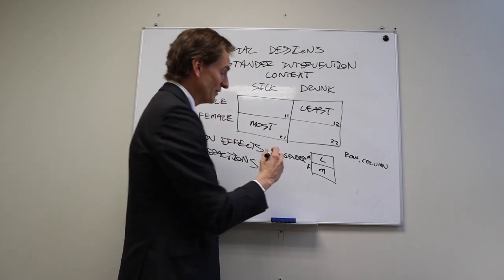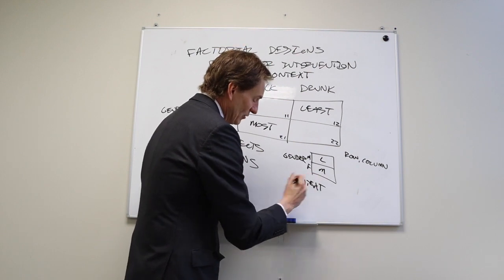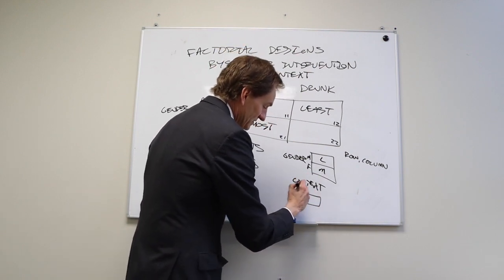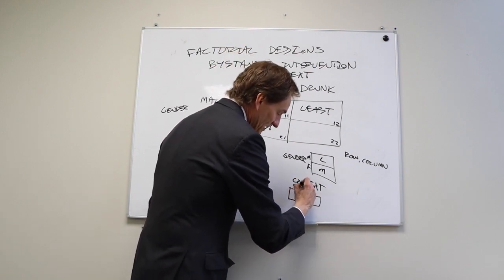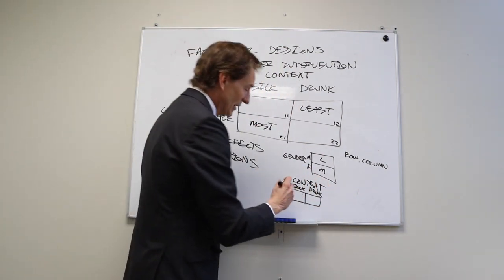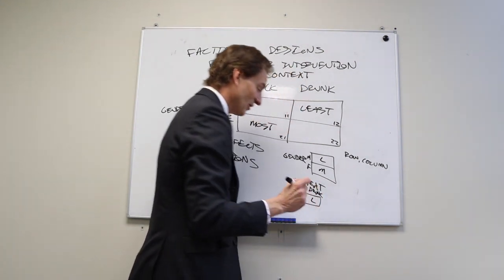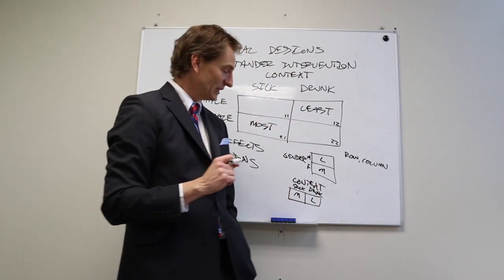There's also a main effect for context. We would say there's two different contexts. People act sick or drunk. And so people who appear sick are helped more, and people who appear drunk are helped less.